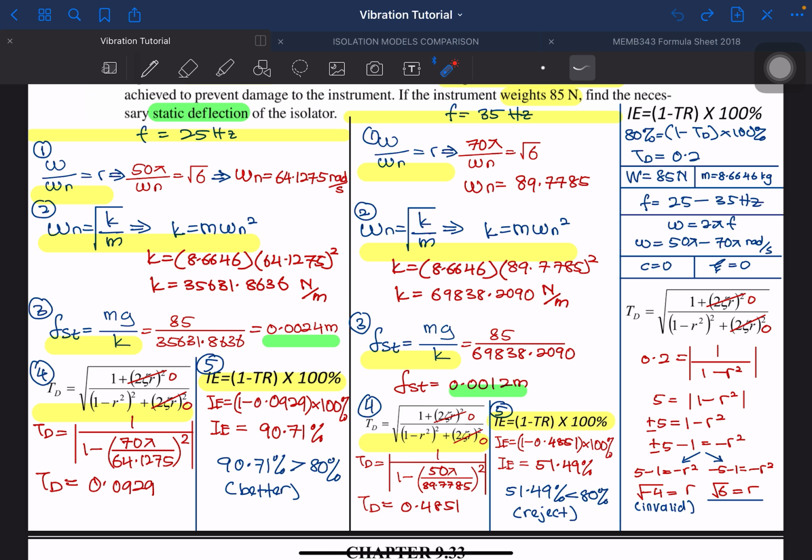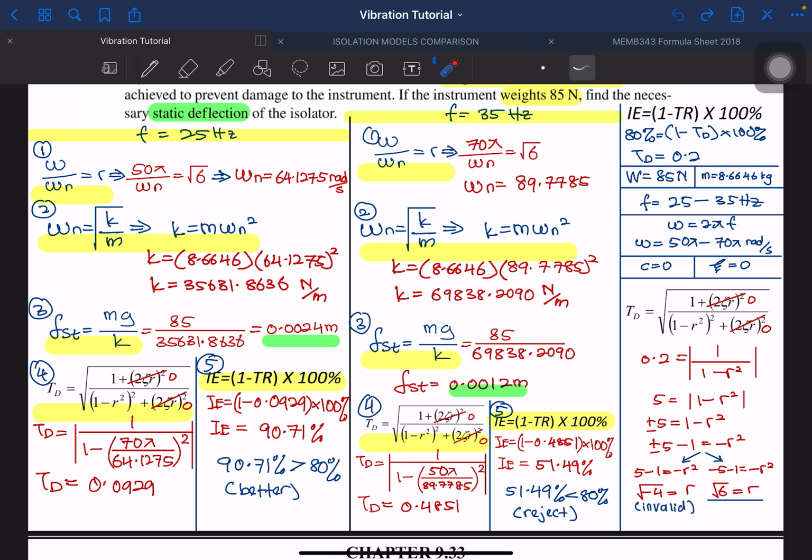The formula for r is omega over omega n. Initially, the omega for this frequency is 50 pi and the omega n is 64. But then 50 pi I use here, and 70 pi for this frequency I use here. I just maintain the omega n for each side, and I cross use the omega.